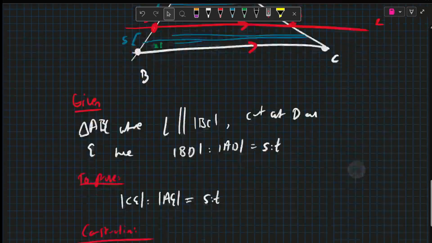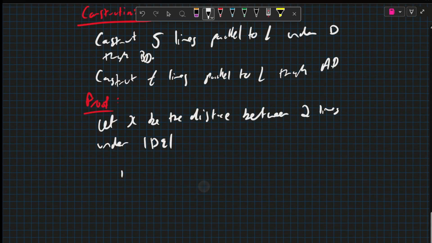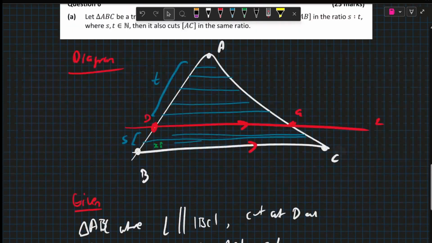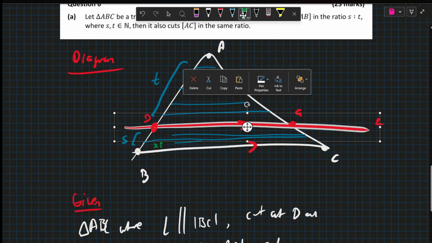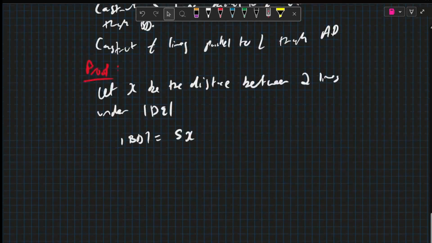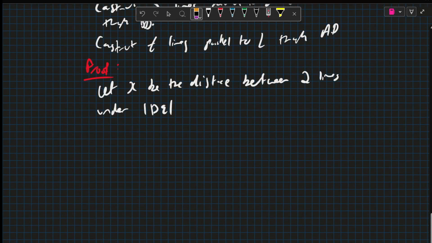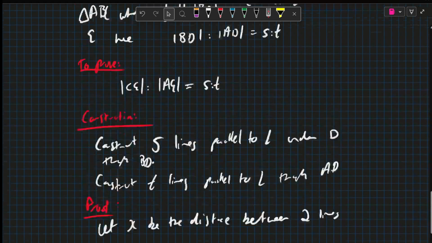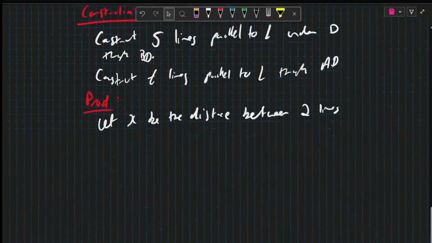So for B to D, we'll say equals S amounts of x. No, I did that wrong actually, sorry. We just let x be the distance between two lines along the line segment AB.